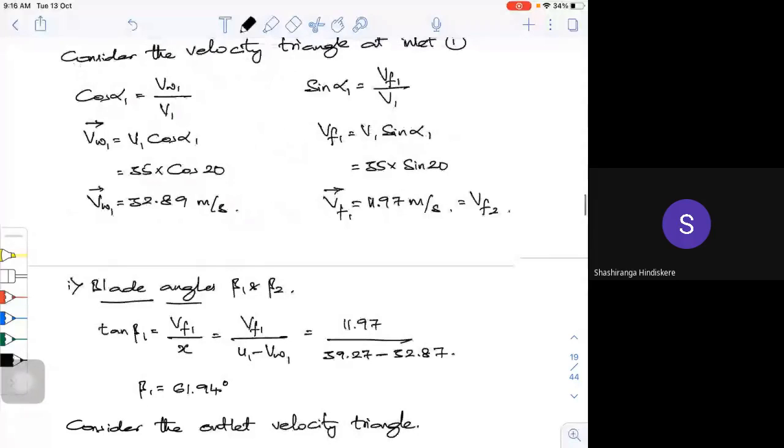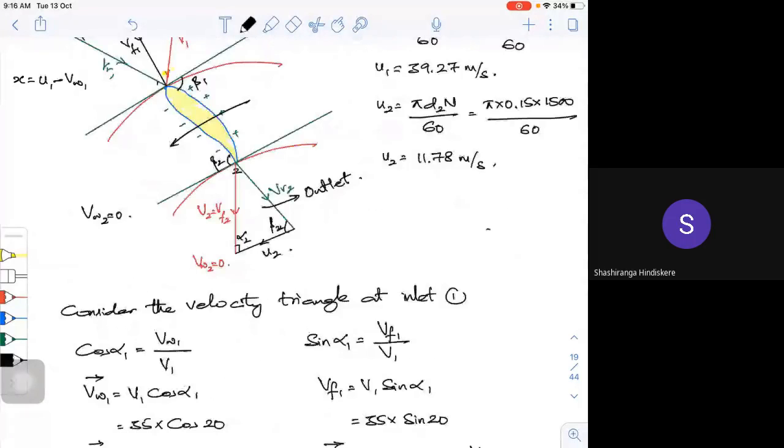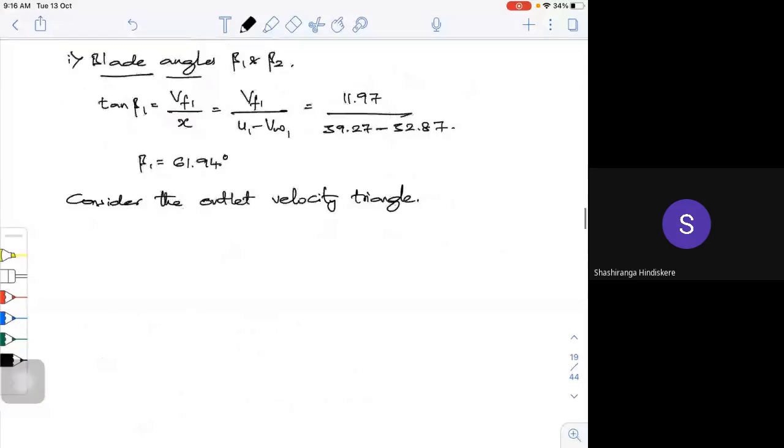Now from the outlet velocity triangle, what is tan beta 2? Tan beta 2 is equal to Vf2 divided by u2, opposite by your adjacent. So I can go and substitute this and try to calculate my beta 2 because Vf2 is equal to Vf1.